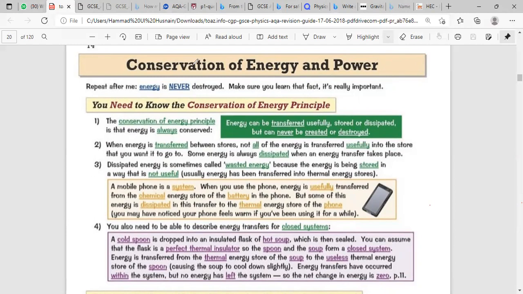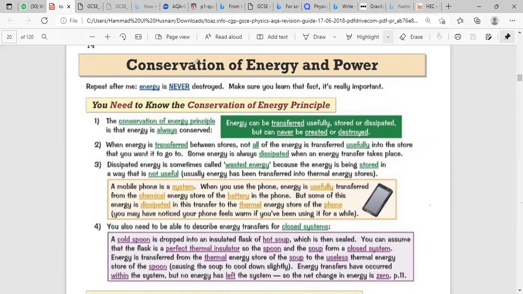It's that energy cannot be created or destroyed, but only transferred. Yes. Transferred to what? Transferred from one energy store to another. Exactly. This is what the conservation of energy means. As you can see, the word conservation means that something is not changing, something is constant. So what does conservation of energy mean? It means that the total energy of the system will remain constant, although it can be transferred from one energy store to another.